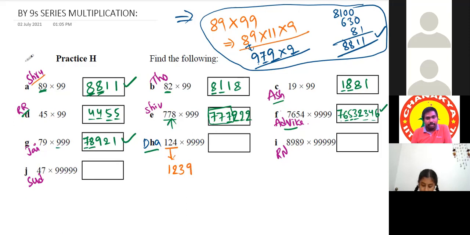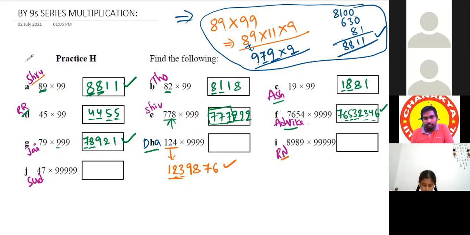Later, do the process for these 3 digits. 9 minus 1 is 8. 9 minus 2 is 7. And 9 minus 3 is 6. That's the answer. Right.